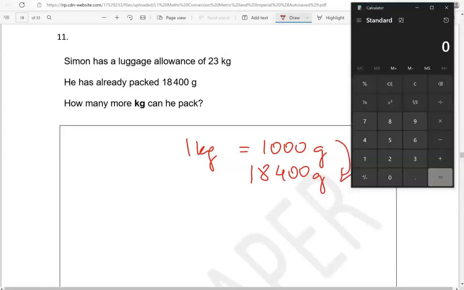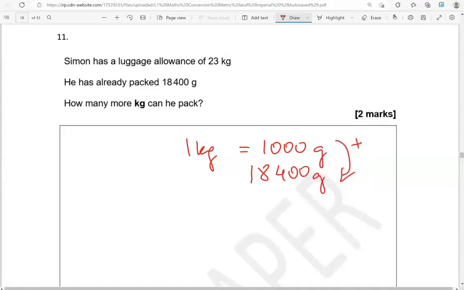So we'll do 18,400 divided by 1,000, which is 18.4. So the same now on the other side. 1 times 18.4 gives us 18.4 kilograms. So far he has packed 18.4 kilograms.